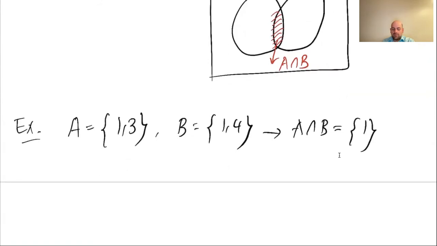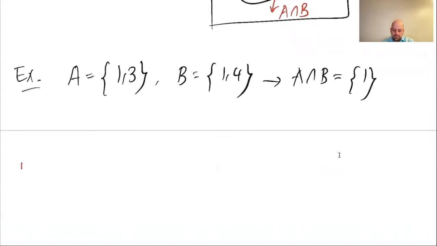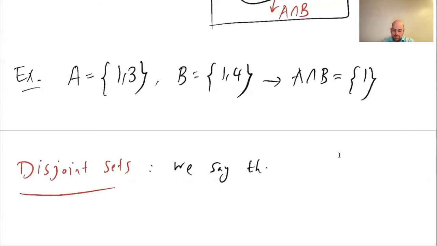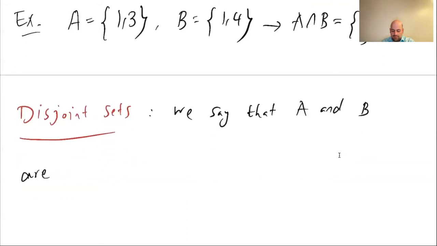Okay, now disjoint sets. When we say that two sets are disjoint, so we say that A and B are disjoint if A intersection B is equal to the empty set.